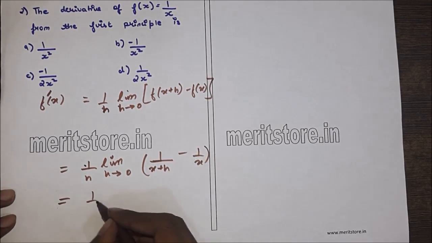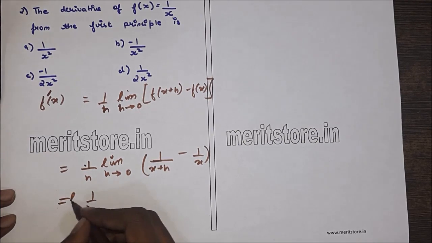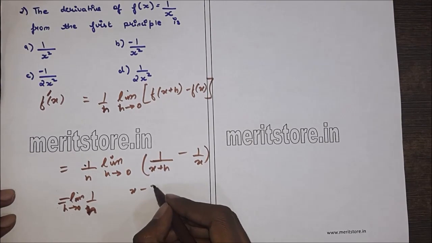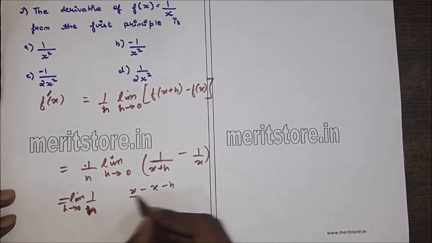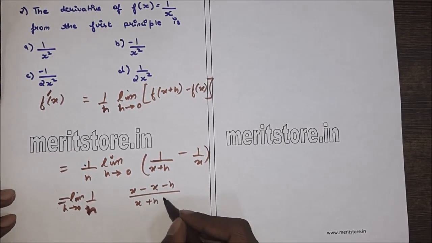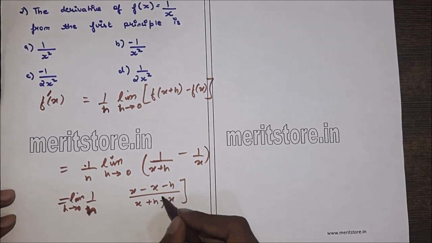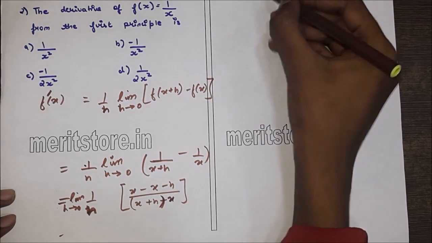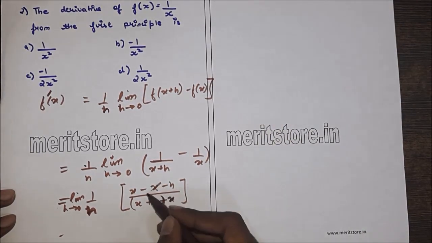We cross multiply the terms, we get 1 by h, limit h tends to 0, x minus x plus h upon x plus h into x. The x gets cancelled.